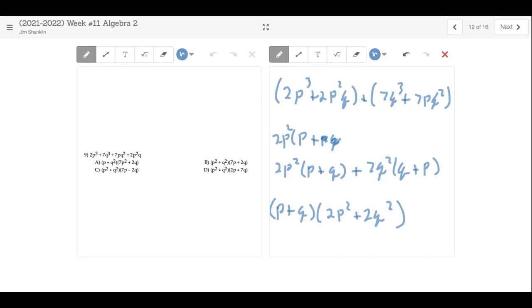All right, I'm going to go to our answer key because that problem, it says the answer is B. They say the answer is B, so I'm going to go with B. Wow, I don't know where they came up with that.